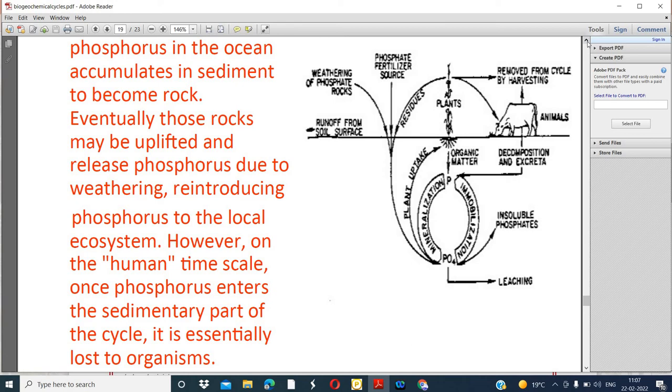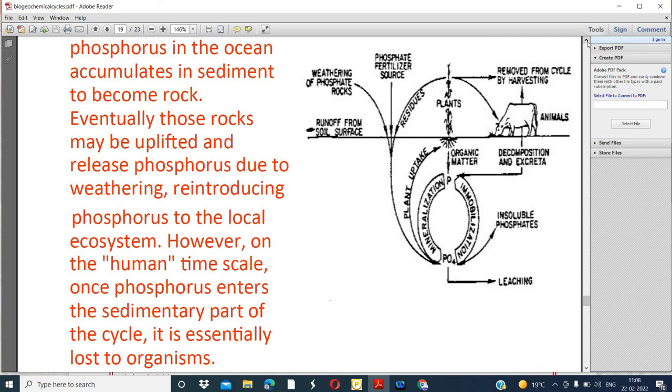In the aquatic ecosystem, the bigger animals and humans take their food from the aquatic systems. Like humans depend on fish, so they eat different kinds of aquatic animals to fulfill the requirement of phosphorus. So that is the problem.